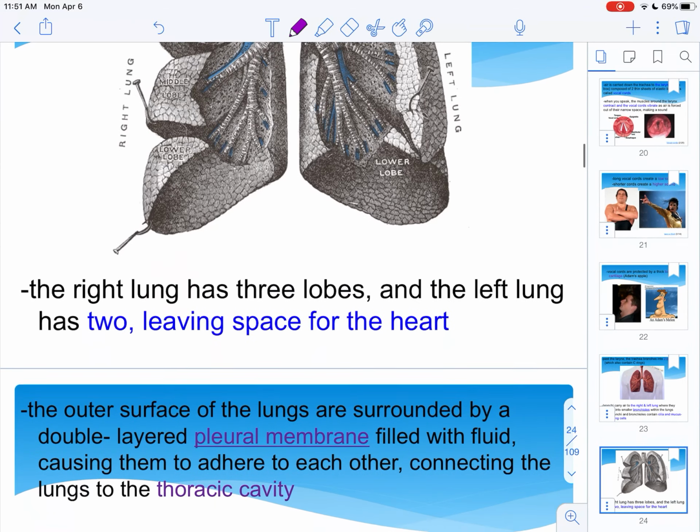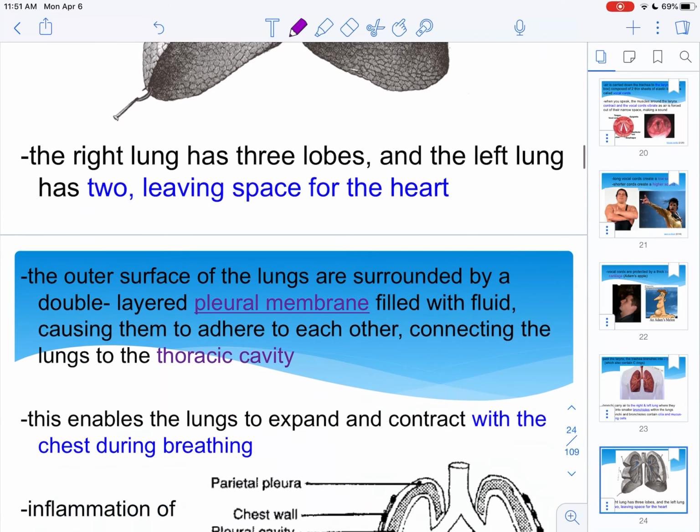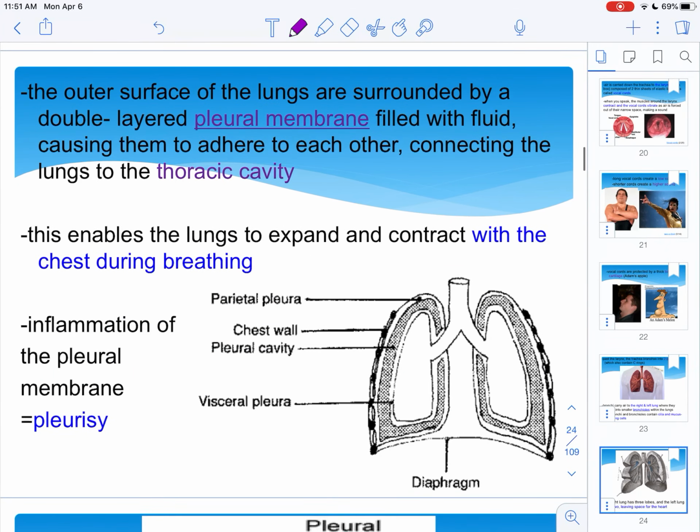So moving on to the lungs and how they're surrounded by pleural membranes. Many organs of the body have membranes around them. The heart has a pericardium, for example. Your lungs have a pleural membrane, and there are actually two membranes, a double layer, and one is attached to the lungs and one is attached to the thoracic cavity.